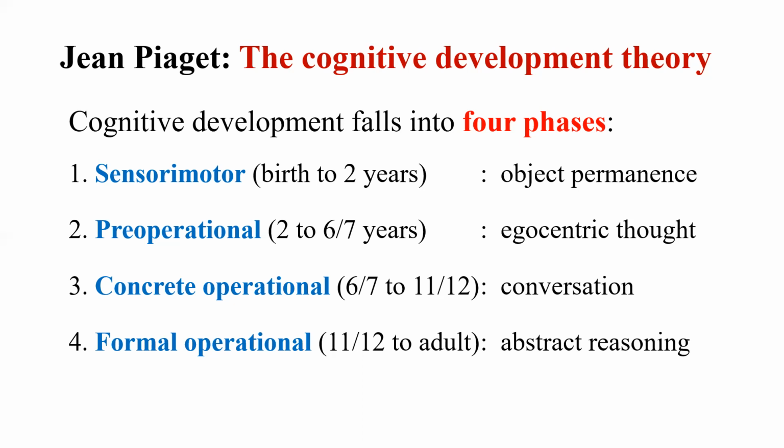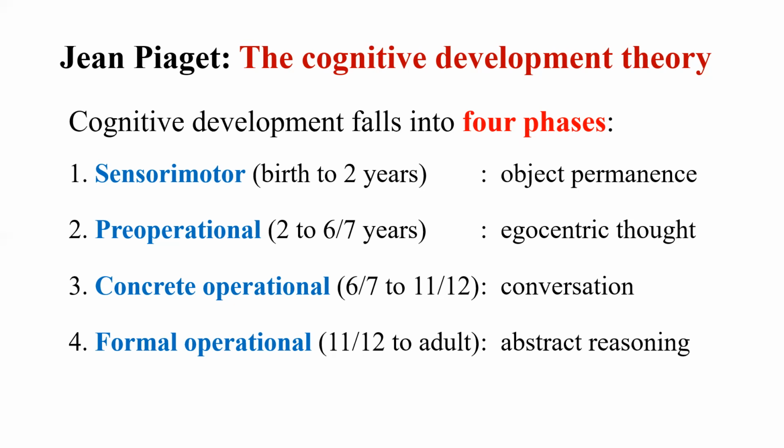Third one, concrete operational, from 6 or 7 years to 11 or 12 years. Here we are fluent in conversation. We talk with others. Good. And there is still something: we don't talk about abstract things. We talk about concrete things, what we experience, what we are able to see, tangible things. There are certain things children don't talk about. For instance, they don't talk about God in general.